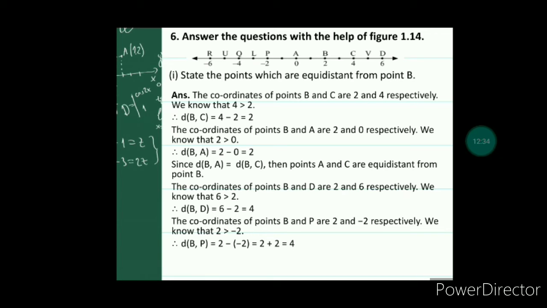Therefore, distance BP equals 2 minus (-2), which is 2 plus 2, equal to 4. Since distance DB equals distance BP, points D and P are equidistant from point B.